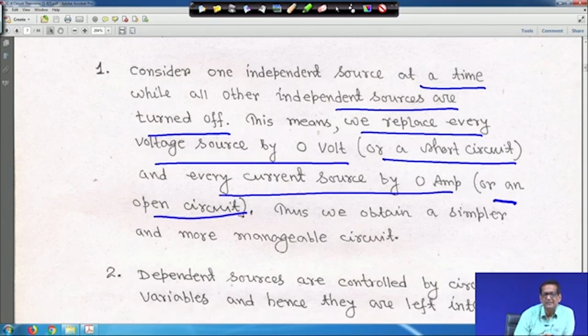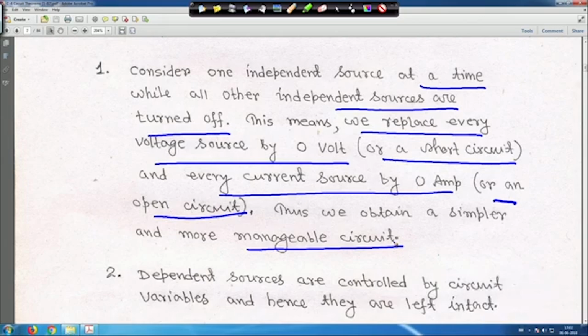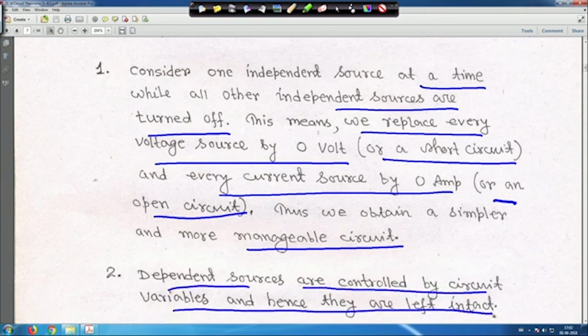We will see later in a few examples that thus we obtain a simpler and more manageable circuit. If it is a voltage source you short circuit it, and if it is a current source you open it, because you have to consider only one source at a time. Dependent sources are controlled by variables, and hence they are left intact.